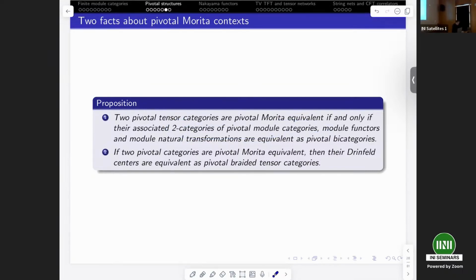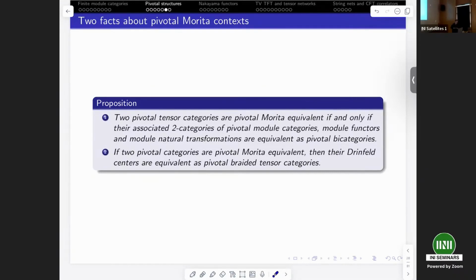And in this proposition, we see that we can add everywhere the word pivotal, and it still works out. This is important because we will use this pivotal Morita context later to change coordinates for certain systems, and it really needs to be pivotal so that we can use them on systems that describe oriented topological field theories in the end.